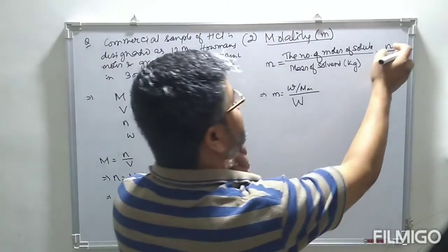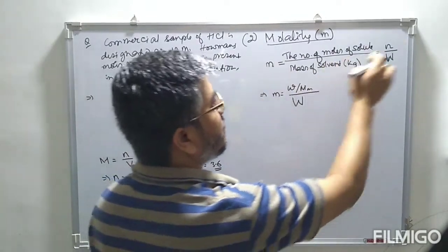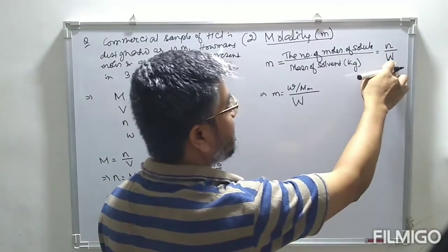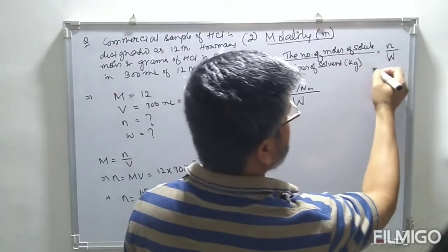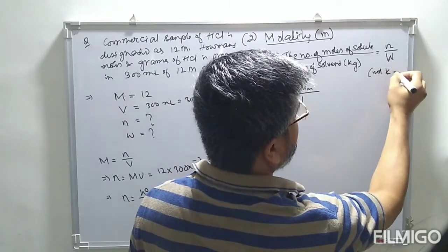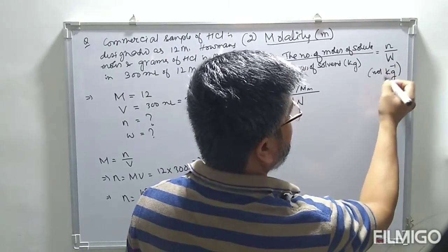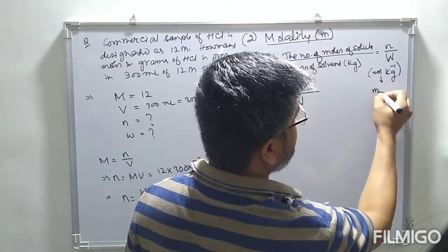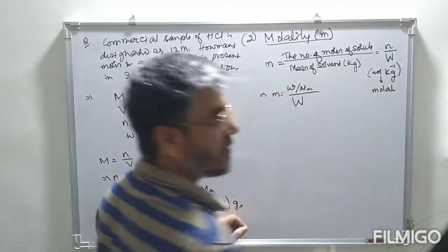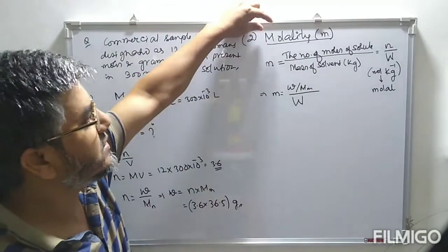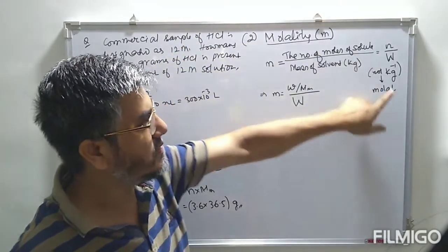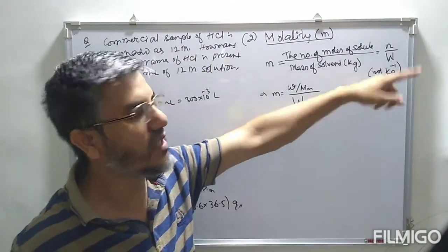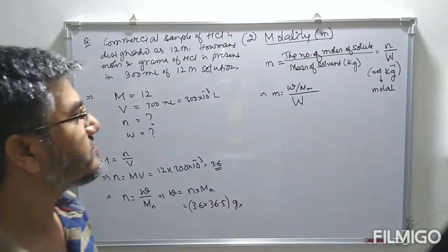So molality is moles per kilogram of solvent, so its unit is mole per kilogram. Mole per kilogram is simply written as molal. So concentration in terms of molality is molal, that is mole per kilogram of solvent.